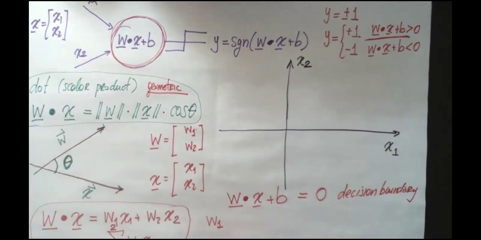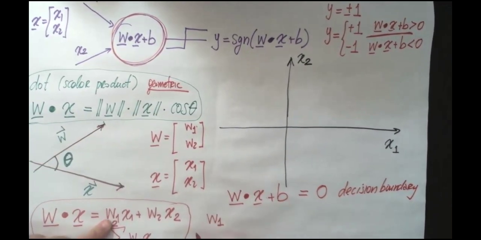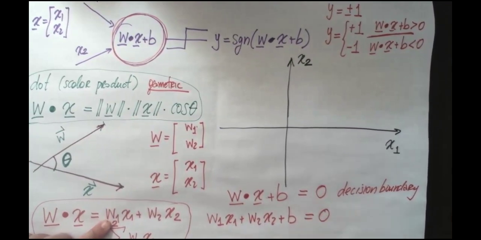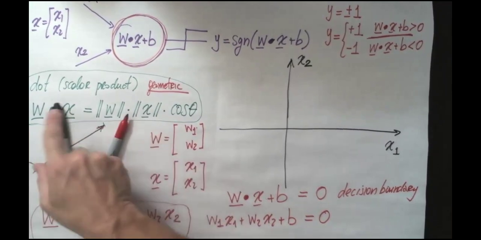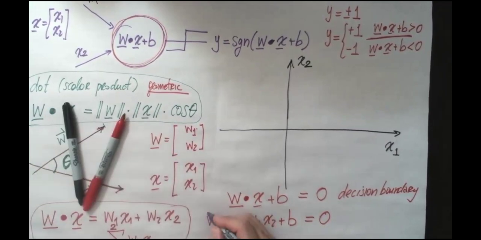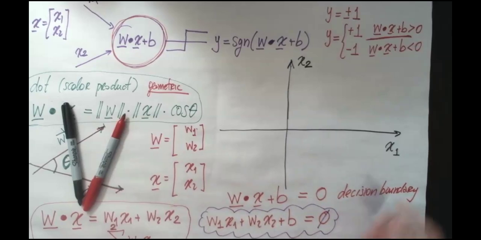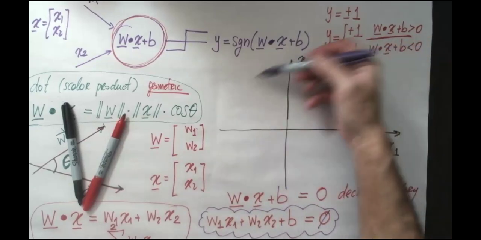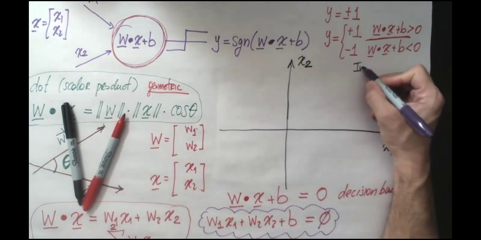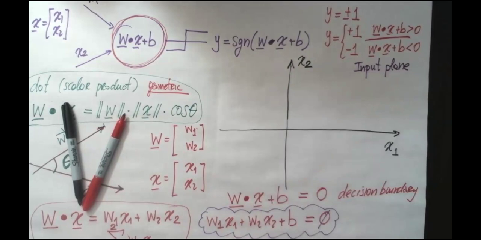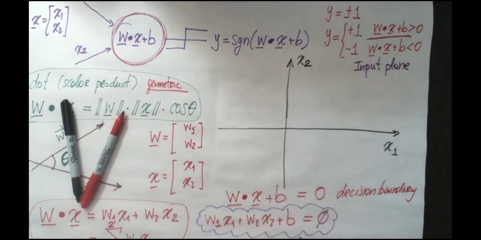If we apply the dot product formula, we get this expression here, which in the plane, in the input space, we can also call it the input plane, represents a line.